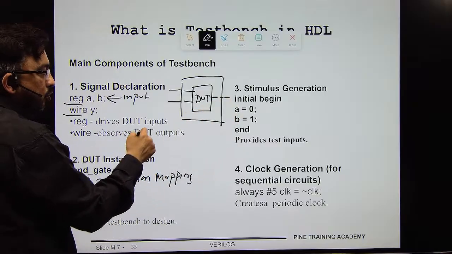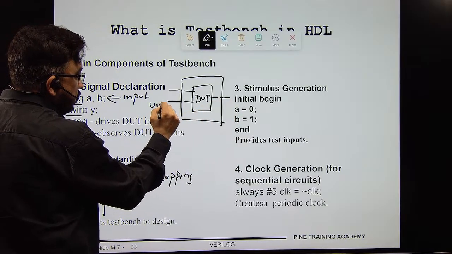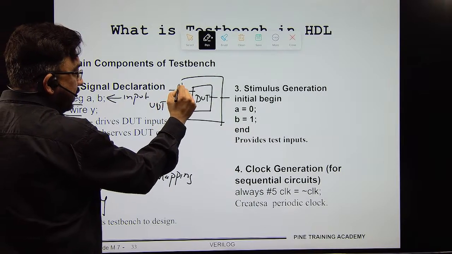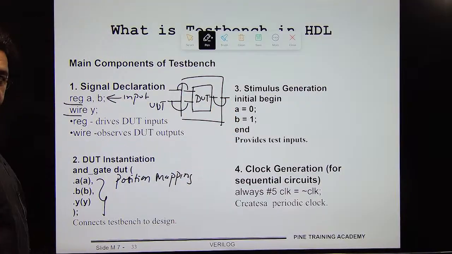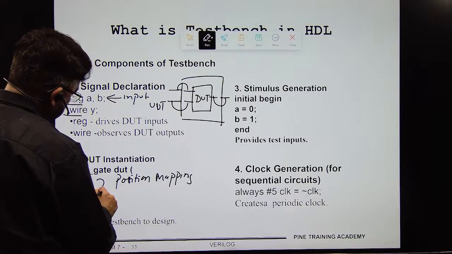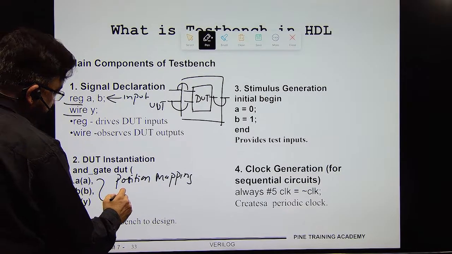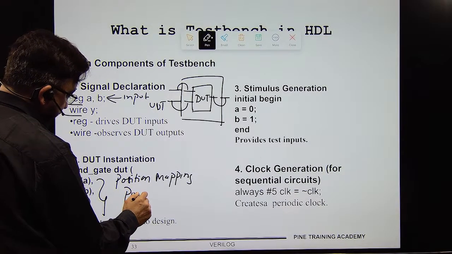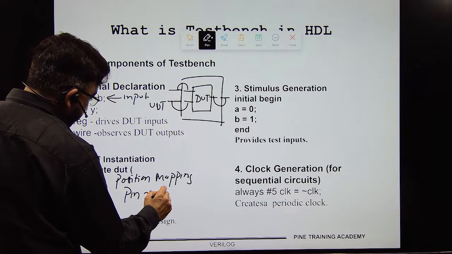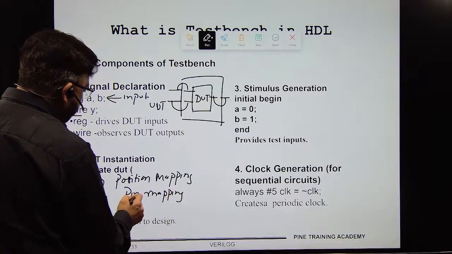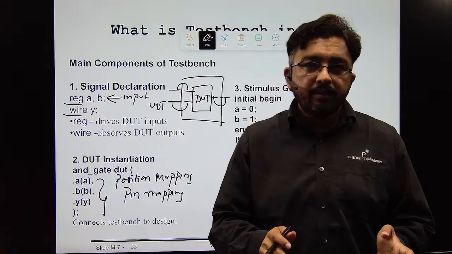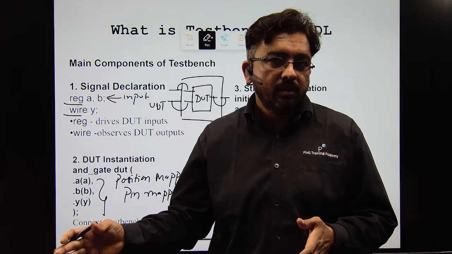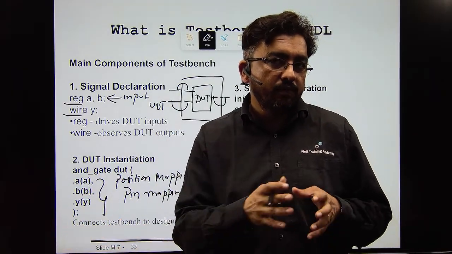So you have to connect your UUT inputs, this with this, and this with this. Either you follow position mapping, or the other one, which I'm forgetting the name of, maybe pin mapping, I will check. In position mapping, we follow the position of the reg inputs and wire outputs of my design under test. We have to follow the position.